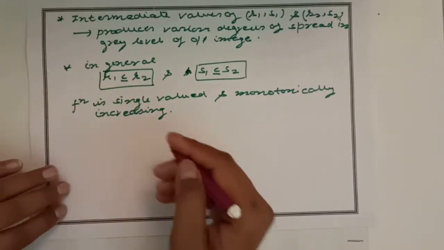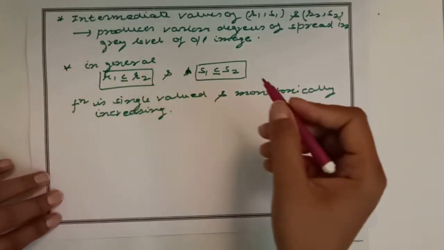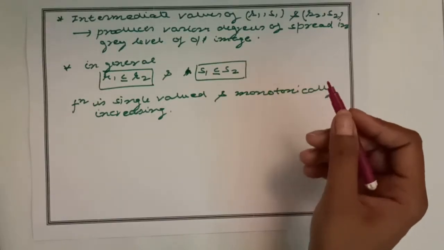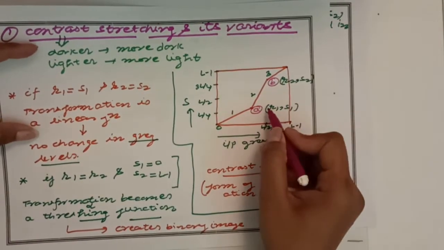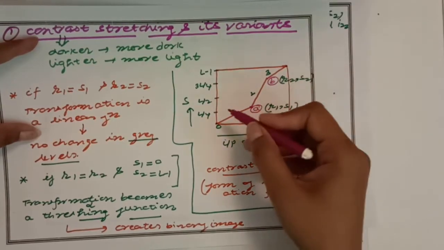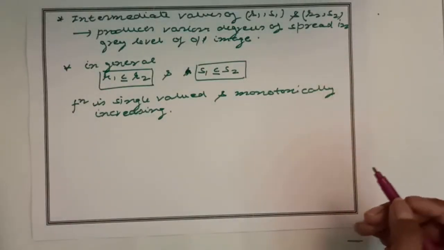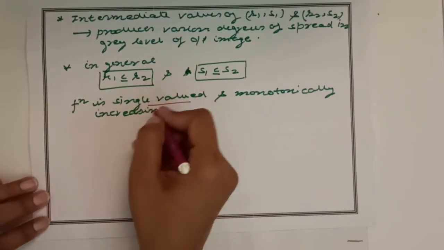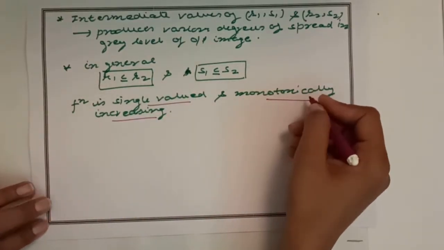Single valued and monotonically increasing means, as I have shown you in the diagram as well, the value of r1 is less than r2, the value of s1 is less than s2. So it is increasing in nature. Single valued and monotonically increasing.